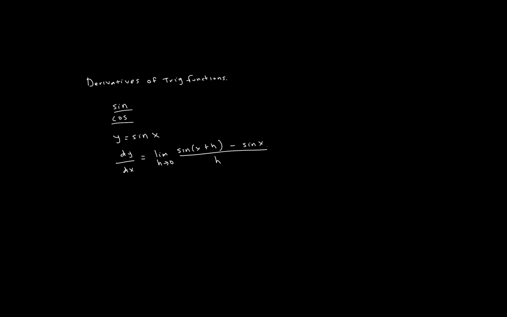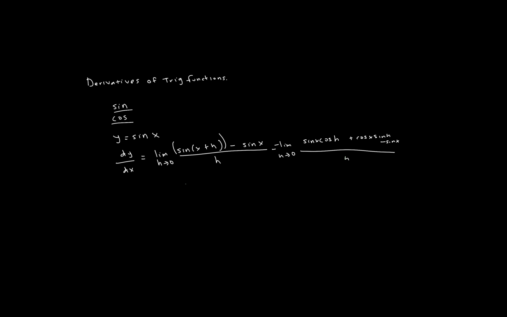Now we can expand this through the addition formula for sine, so that's the limit as h tends to 0 of sine x times cosine h plus cosine x times sine h, minus sine x, divided by h.